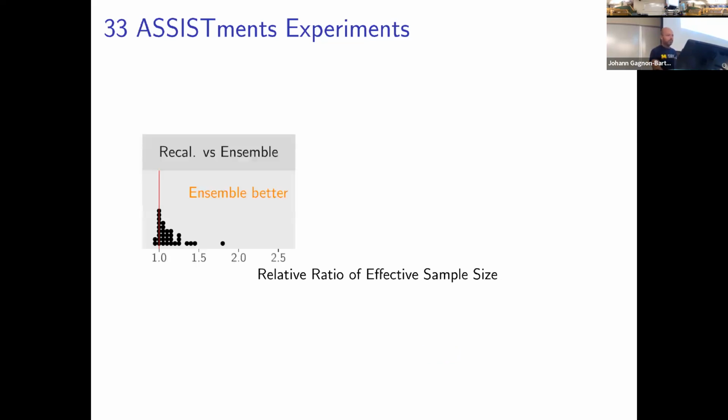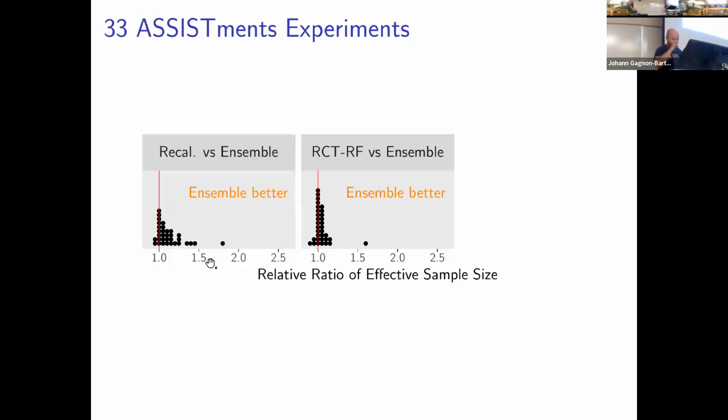Okay, good. Here, so now comparing the recalibrated estimator versus the ensemble. So this is basically showing us that also throwing in the within RCT covariate data can help us even more. This is comparing if you used only the within RCT covariate data, so you ignored all of the auxiliary data, to our ensemble approach.